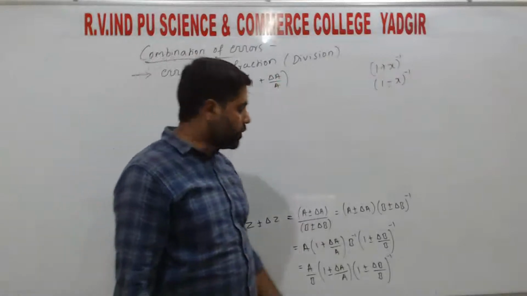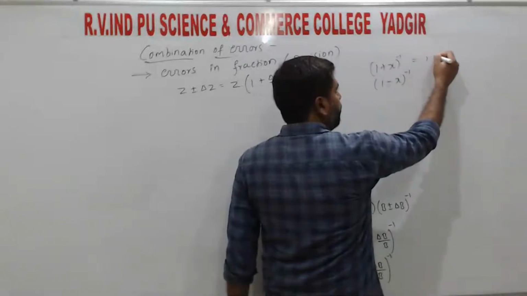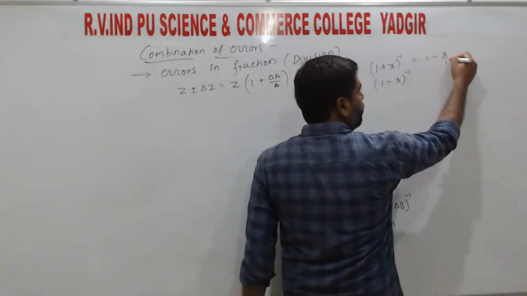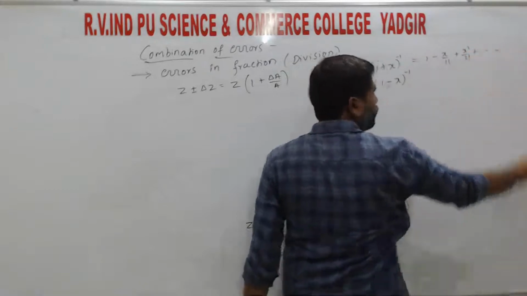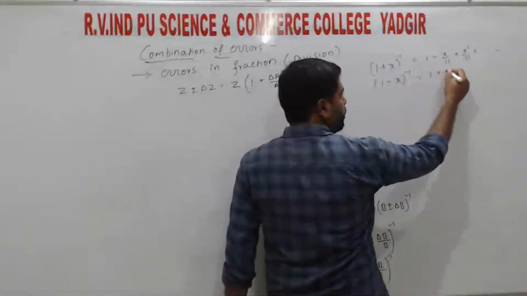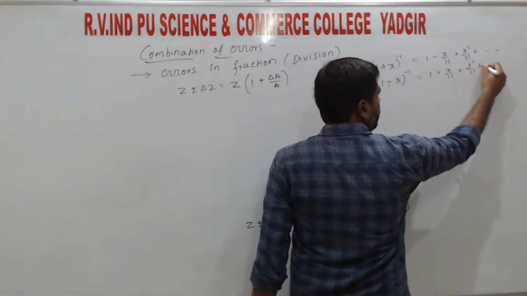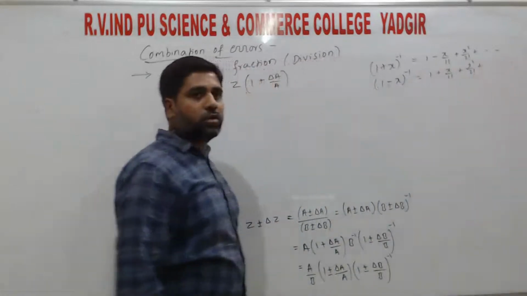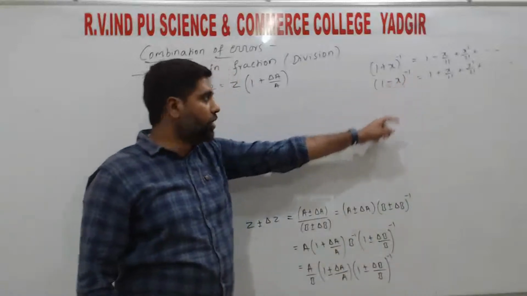So from the binomial theorem, if we expand 1 minus x by 1 factorial plus x square by 2 factorial, and so on we are getting, right? Same, that is 1 plus x by 1 factorial plus x square by 2 factorial and so on, right? Since we have plus or minus, whether plus or minus it does not vary much.